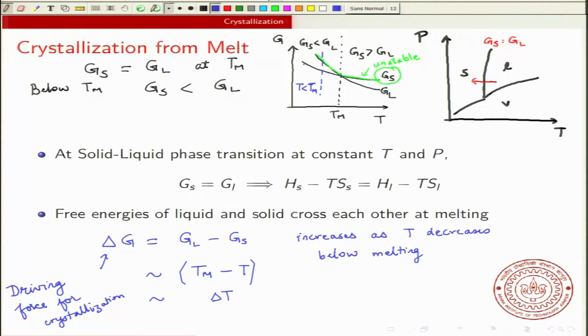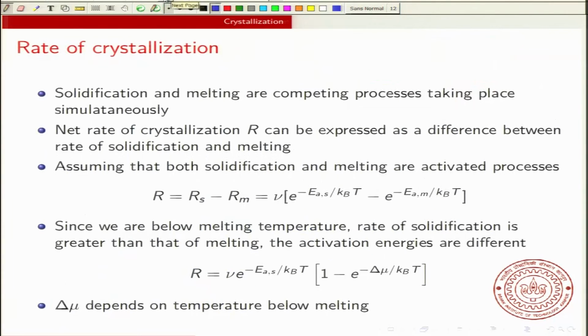Now again there is a difference, because what we are interested in is the rate of crystallization, and the rate of crystallization is a question about the kinetics of crystallization.